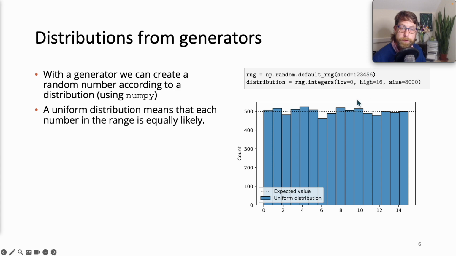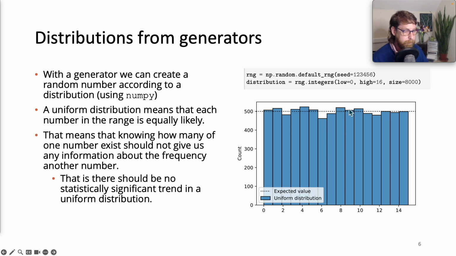But if you were to change the seed, the distribution should still be around 500, but it could be a bit high or a bit low, all over the place. So really, there shouldn't be any trend within these numbers. So if we know how many values of 6 there are, it really shouldn't inform much of the rest of them. I guess at some point, once you get to here, and you know 14 of the numbers, you can pretty much guess the rest.